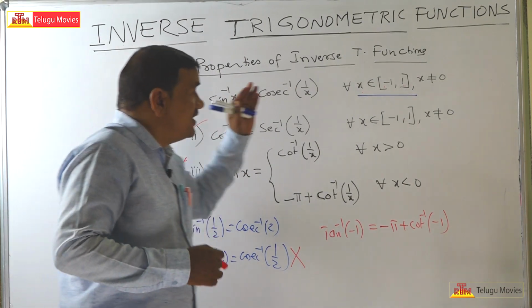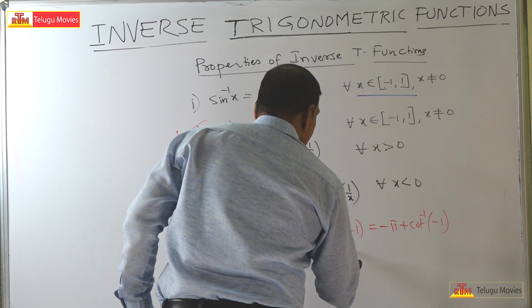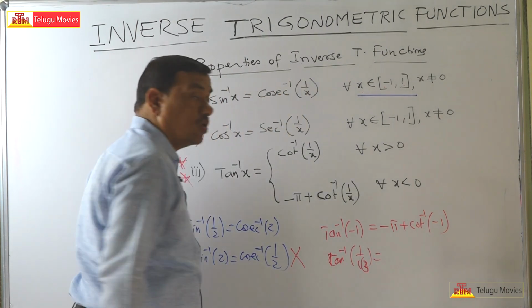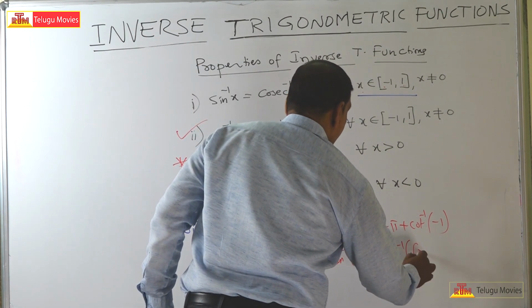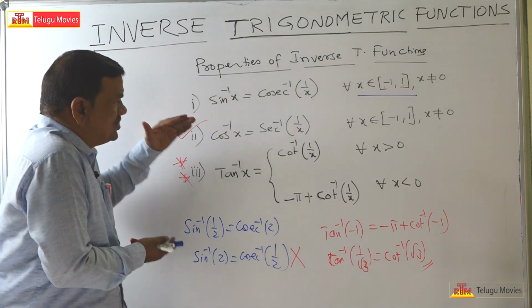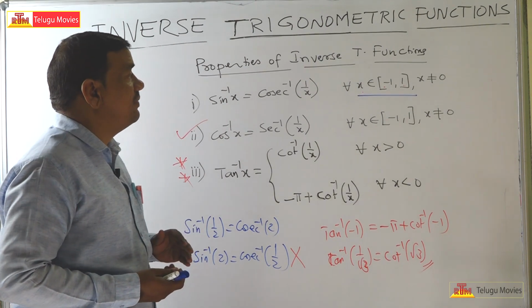If x is more than 0, for example tan inverse of 1 by root 3, this can be written as cot inverse of root 3. So these are the first basic formulas and properties of inverse trigonometric functions.